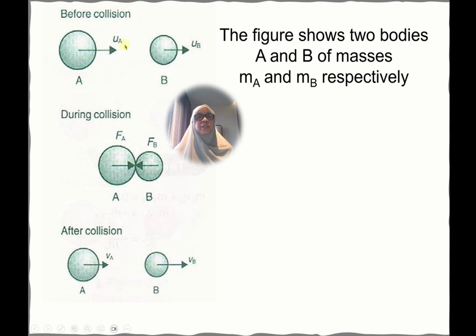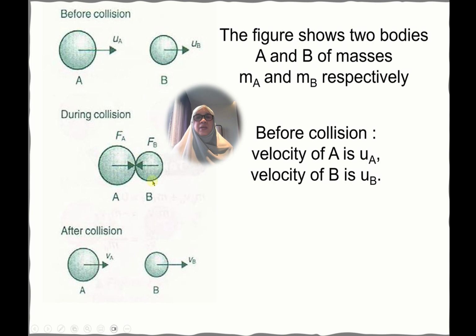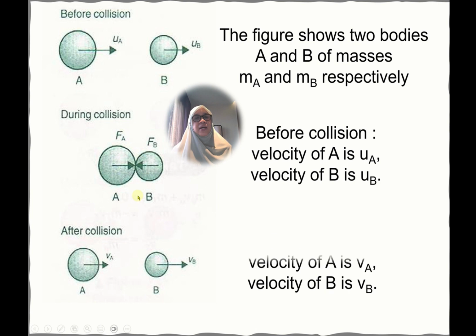The speed of A is UA and the speed of B is UB. So during collision, when they collide, there are action-reaction forces given by FA and FB. Then after collision, the velocity of A is VA and of B is VB.